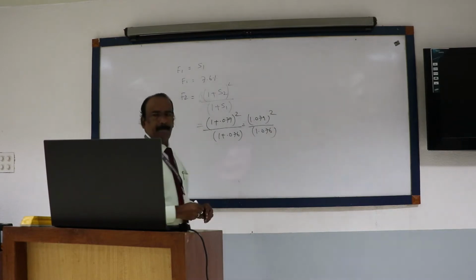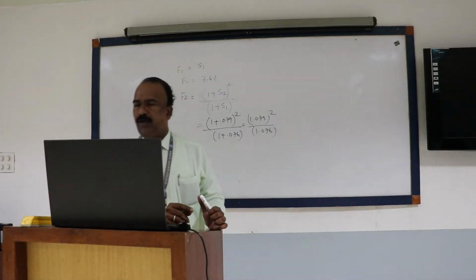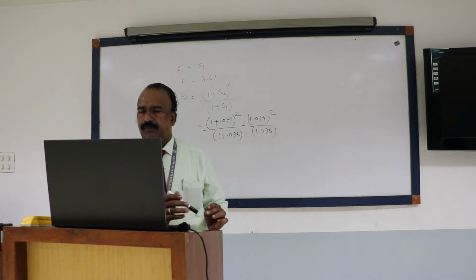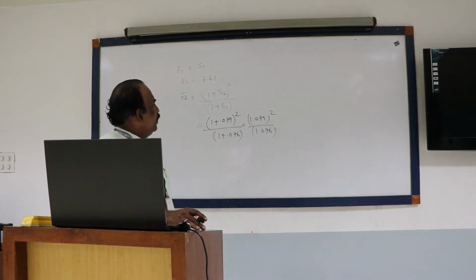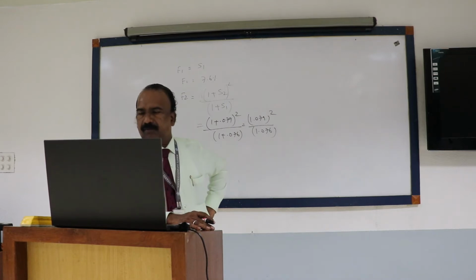Got it? F2, all of you got it? Yes, sir. All of you understood? 1.079 power 2 divided by 1.076.